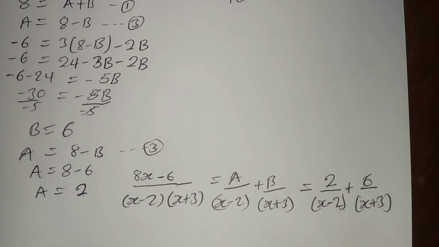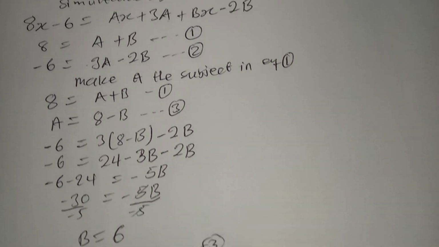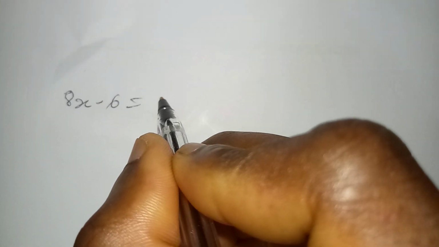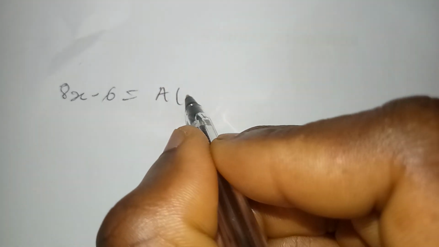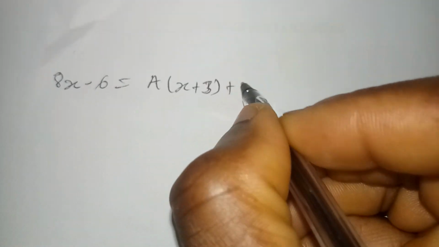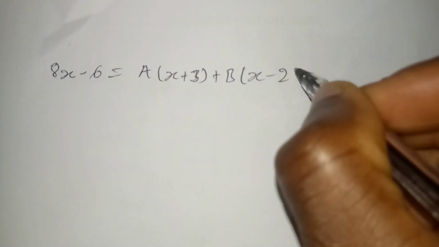In the second method, I'm going to use direct substitution. From the expansion, we have 8x minus 6 equal to A in parentheses x plus 3, and then plus B in parentheses x minus 2.